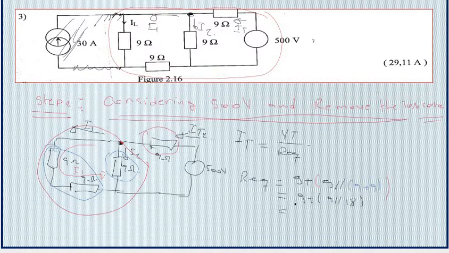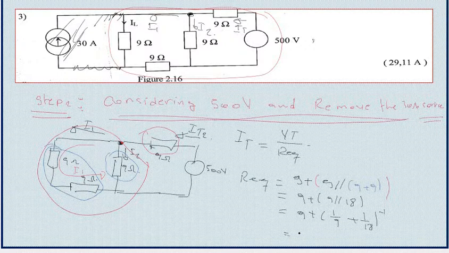And then if we simplify this, I'm going to replace all this by the expression of parallel resistance. So we are going to have 1 over 9 plus 1 over 18 and the inverse. That is the meaning of this bracket here.